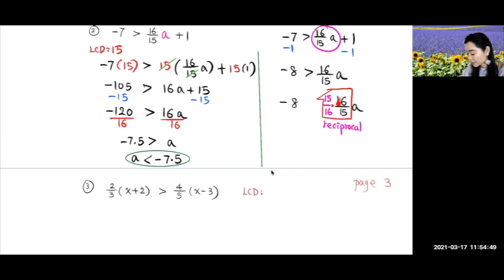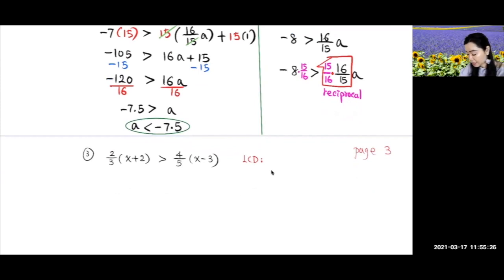When you multiply a fraction by its reciprocal, the product equals 1. I will also need to multiply the other side by 15 over 16. The inequality sign is not going to switch, because 15 over 16 is a positive quantity multiplied on both sides.